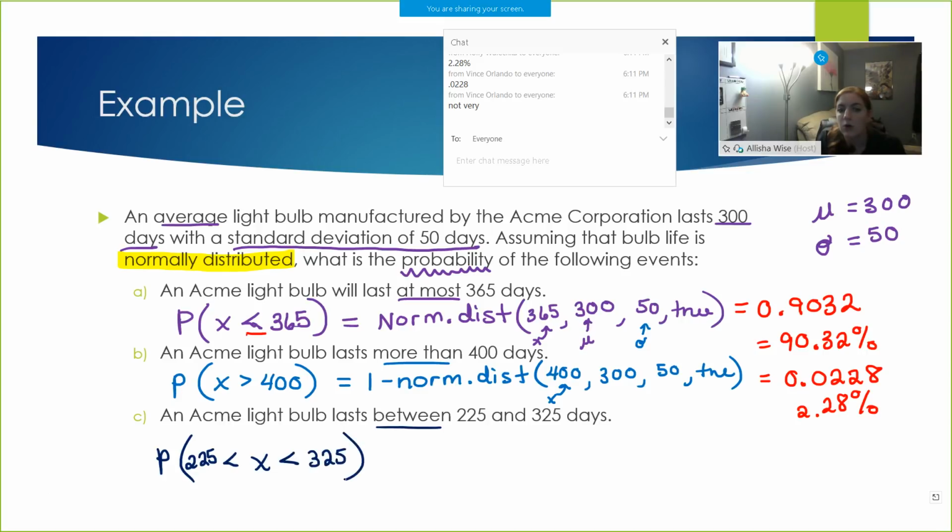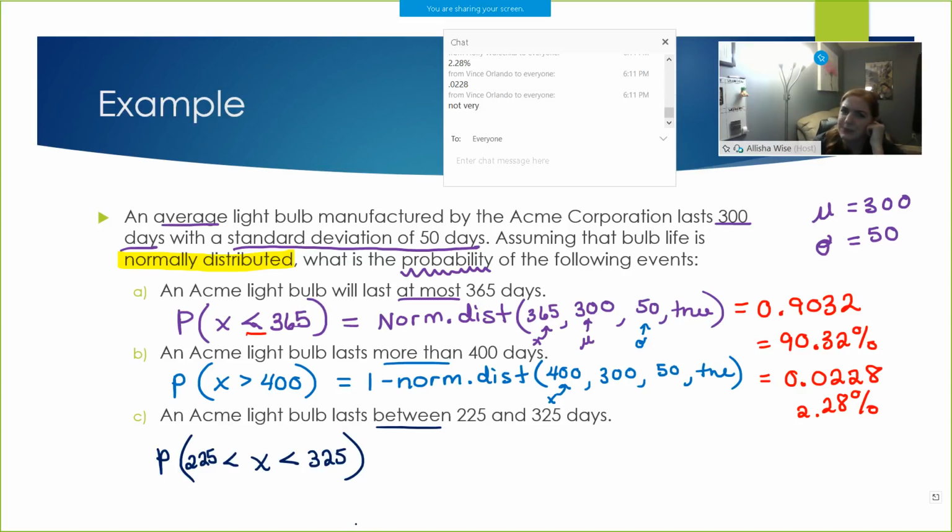Note what I did to set up the probability statement. I wrote the X in the middle, and we used less than symbols for both because it's saying that 225 is less than my value, which is less than 325. So it's in between those two numbers.